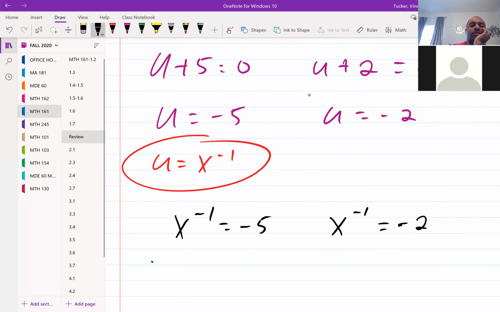So if I wanted to get that negative exponent off of that x, I can raise both sides to the -1, because -1 times -1 is a positive.